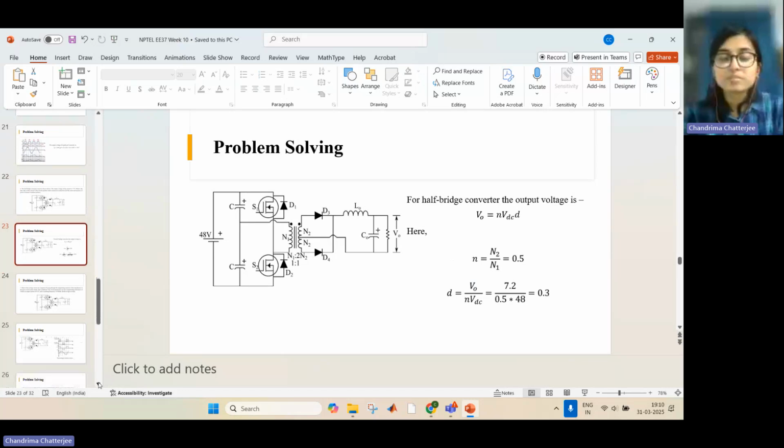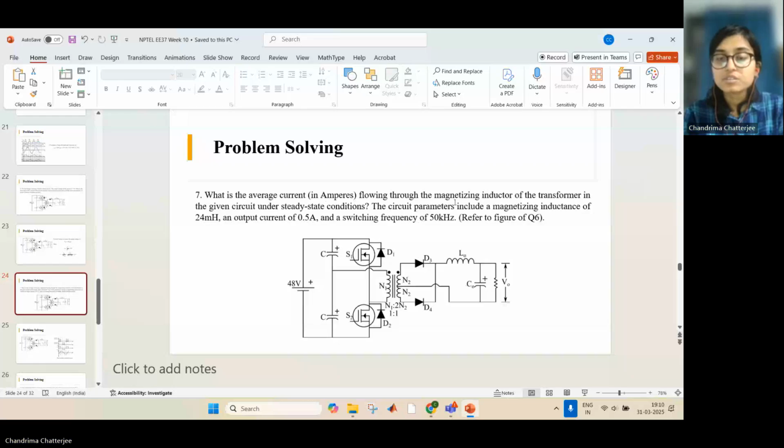So the next problem is, the average current flowing through the magnetizing inductor of the transformer in the given circuit under steady state condition. So they are asking what is the average current flowing through the magnetizing inductor of the transformer under steady state condition.